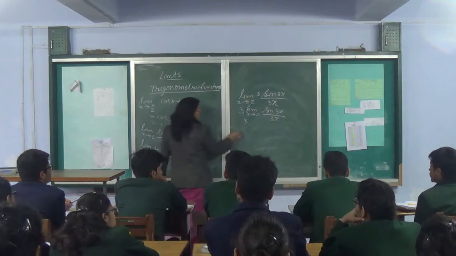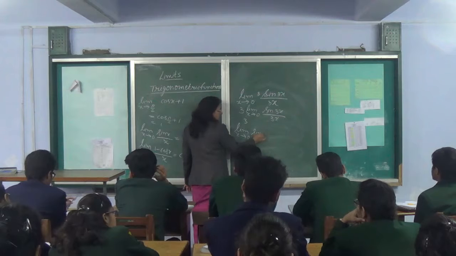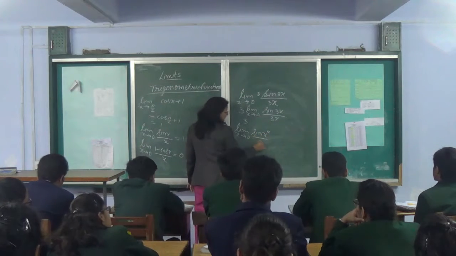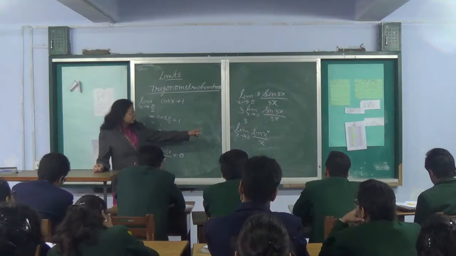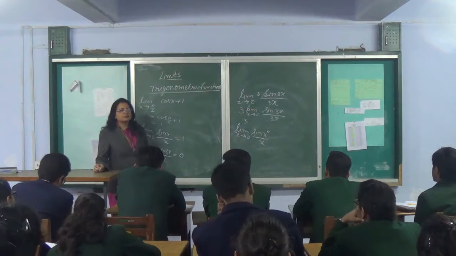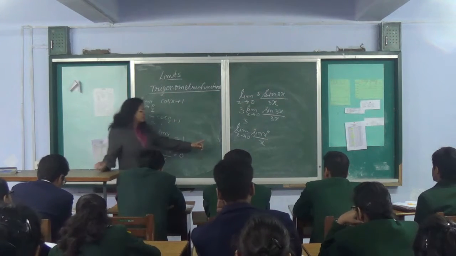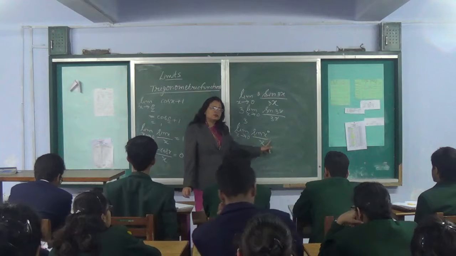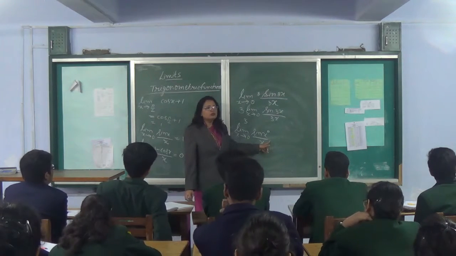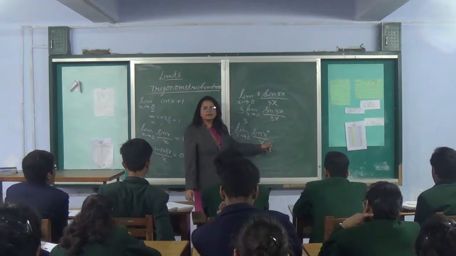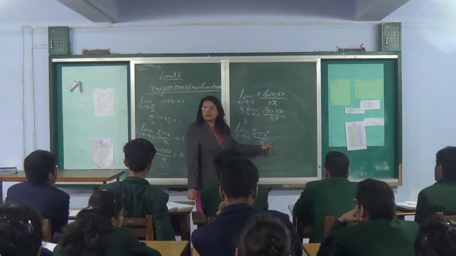So, if you have this question, limit x tending to 0, sine of x degree upon x, you can't evaluate it directly because this angle is in degrees, not radians. So for this, what will we have to do first? Yes, we will convert it to radians. So what can I write sine x degree as? Sine x degree is equal to how many radians?